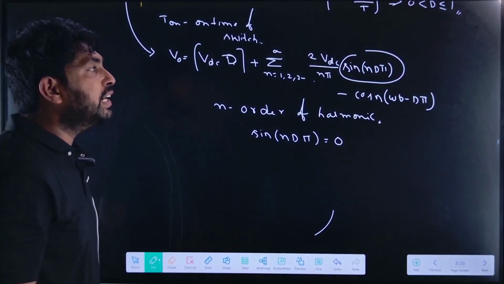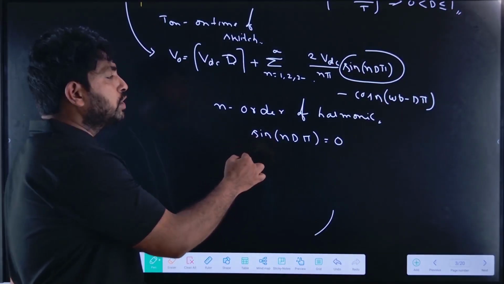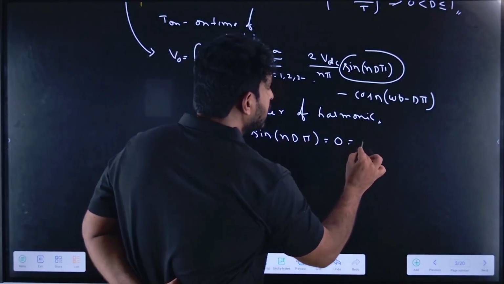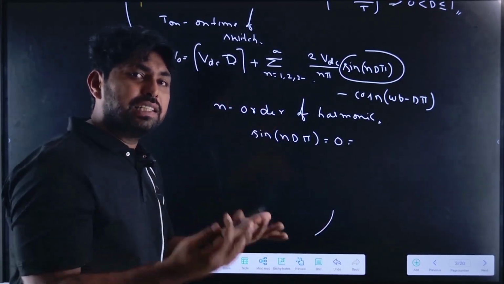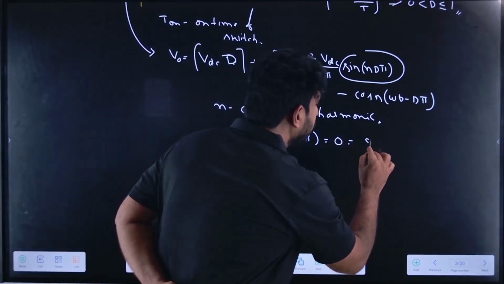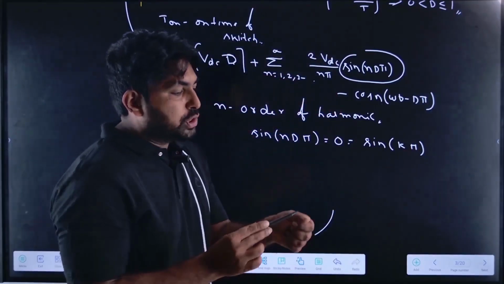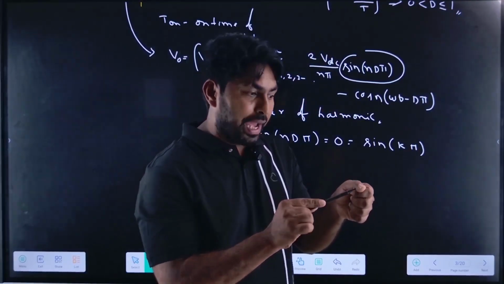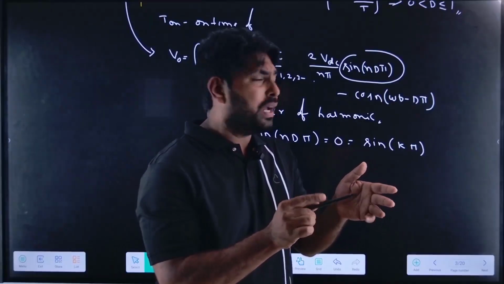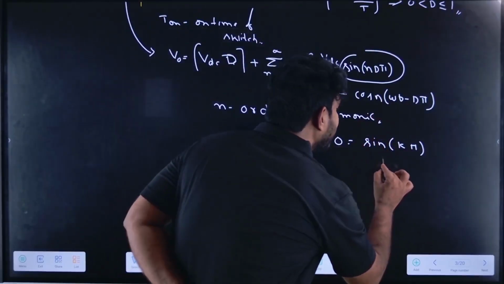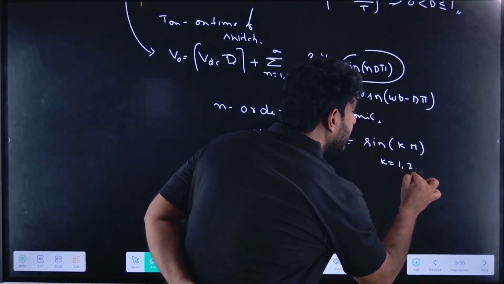So how can we find that? Sine n d pi equal to 0. For all multiples of pi, the sine term is equal to 0, which is sine of k pi. What does it mean? The sine waveform will be 0 at pi, 2 pi, 3 pi, 4 pi, that is, for k equal to 1, 2, 3 and so on.